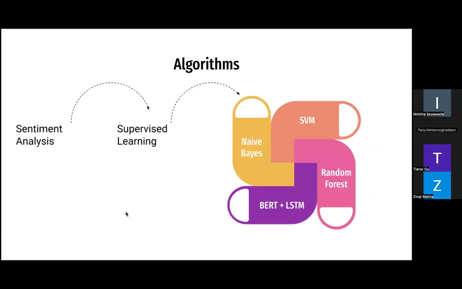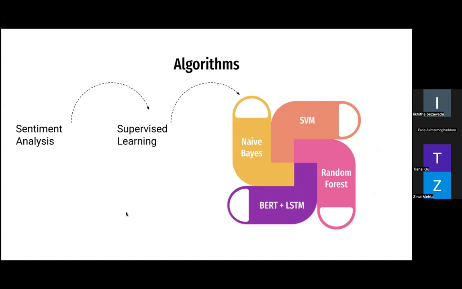So now let's go over the key algorithms we might use for our sentiment analysis, like supervised learning, where we train our model using labeled data so it learns from known examples and predicts sentiments in new data. Naive Bayes, which is a simple, fast, and effective model based on probability. It assumes words appear independently, making it great for text classification.